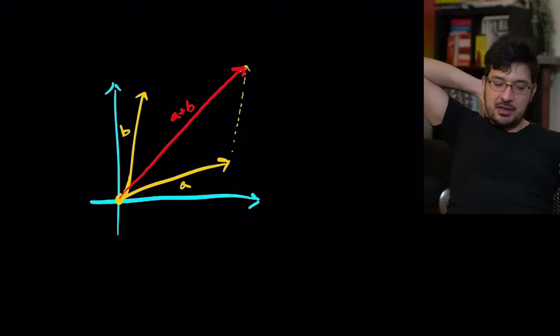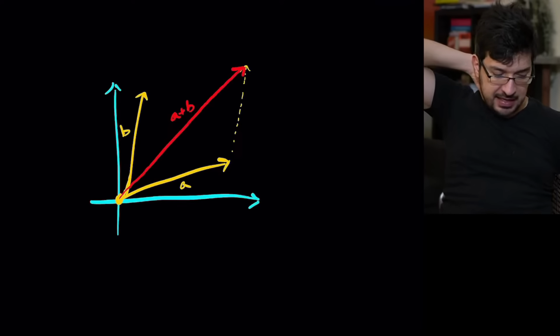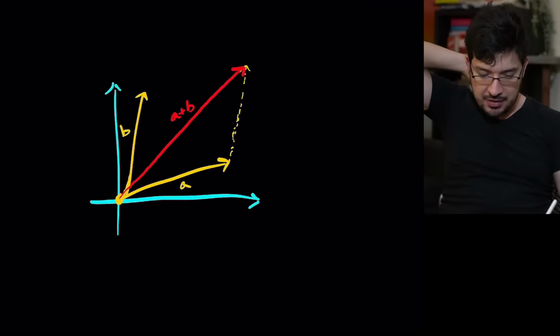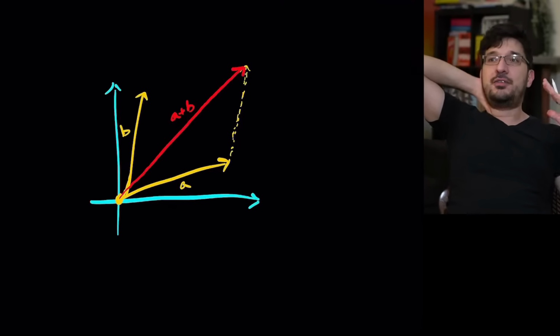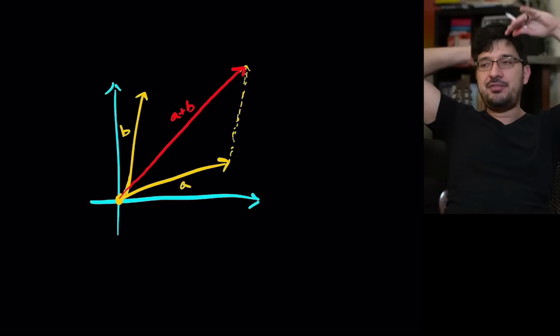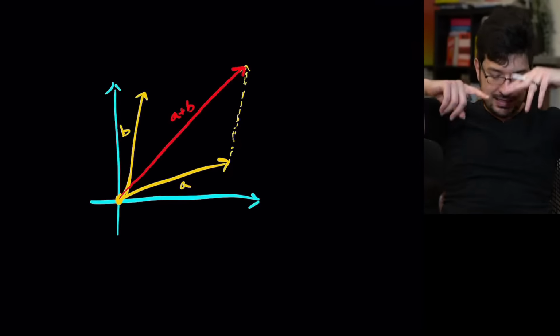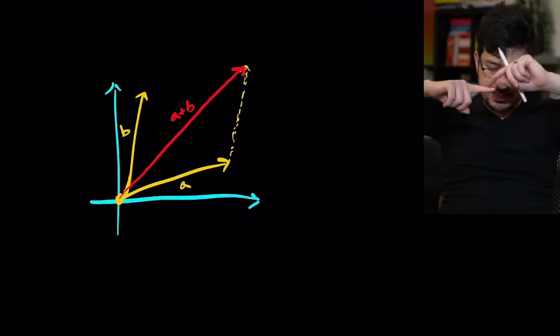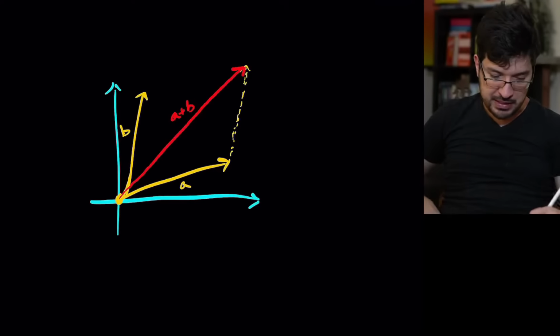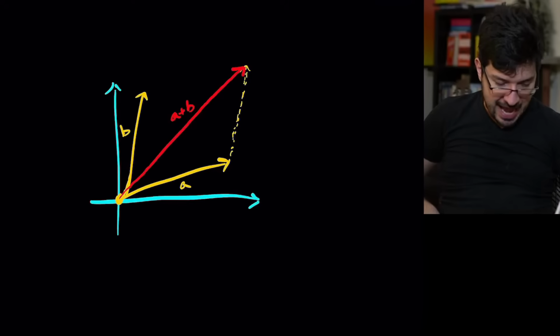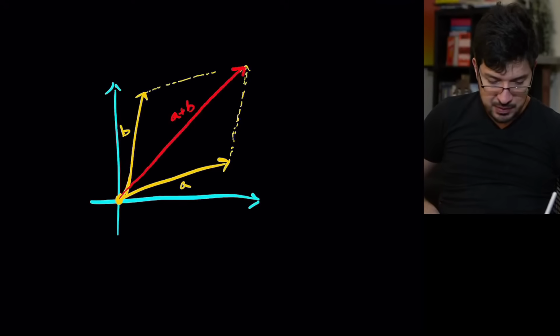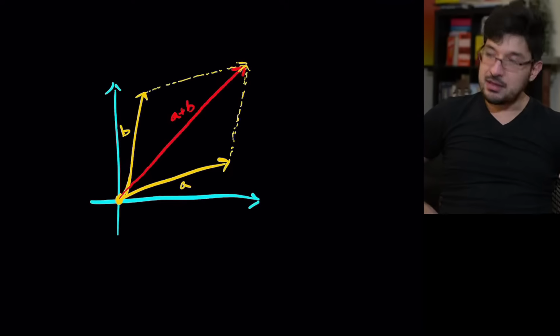So if you add a vector to another, notice I just added another copy of B from the end of A. So you add vectors tip to tail. The tip of A touches the tail of B, and this gives you the third vector, A plus B. Same thing, if I add A to B, that would give you this other side, right?